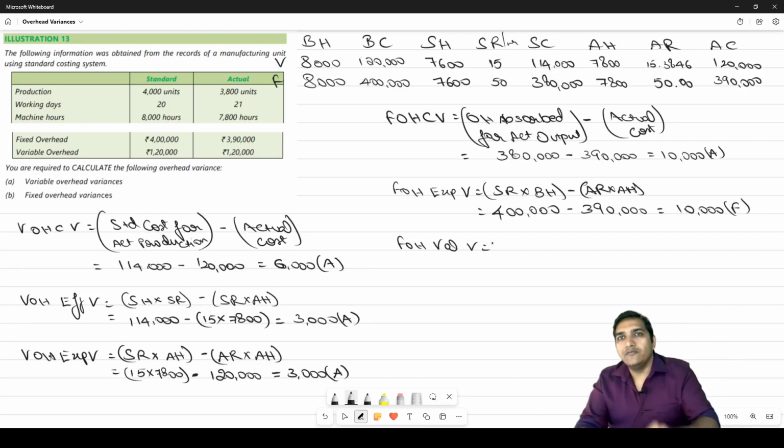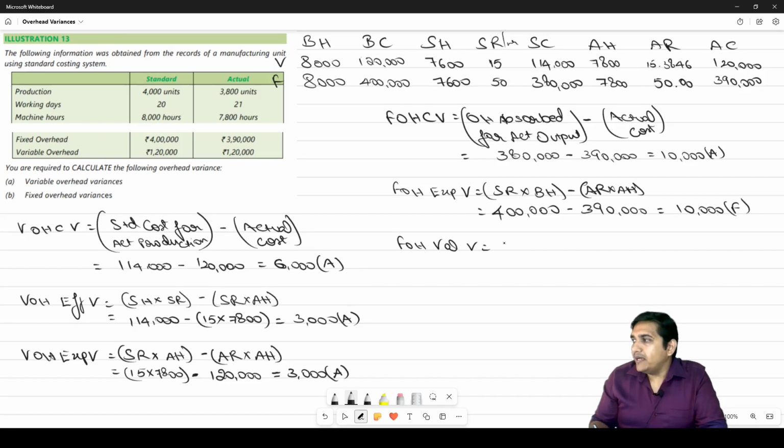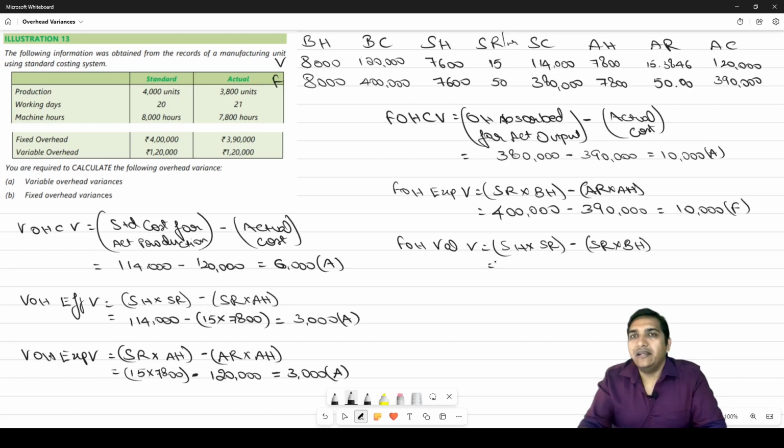Next we have fixed overhead volume variance. What is the formula? It is standard hours into standard rate minus standard rate into budgeted hours. Standard rate into standard hours is my standard cost, which means overhead absorbed for actual production. You can call it production or output, it is the same thing.